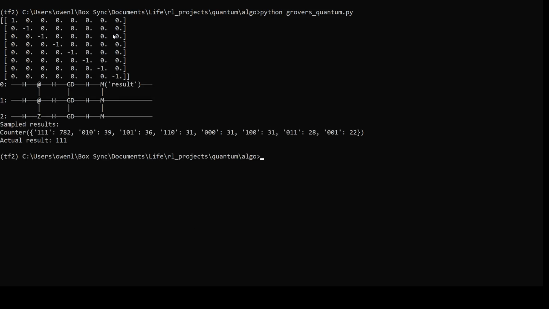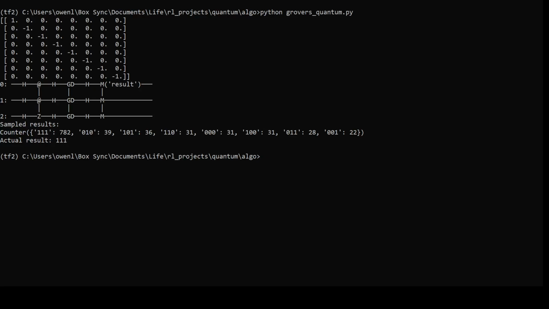So you can see this is the unitary operator for 3 qubits, which is 1 and then all negative ones. We have this initial superposition, this is the oracle, this is the first Hadamard, the inner diffusion operator, second Hadamard, and the results. And we can see that by a pretty substantial margin, we measured the correct result, which is 1, 1, 1.